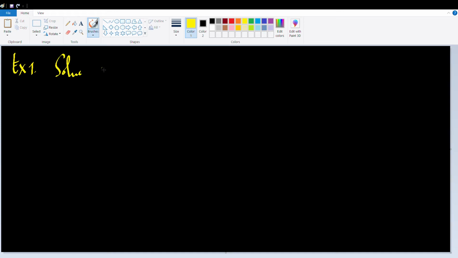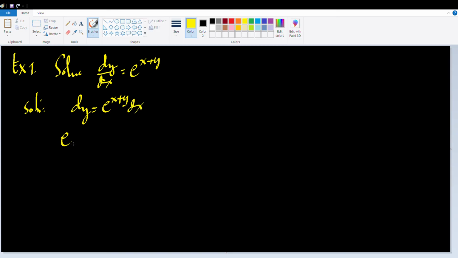We solve dy/dx equal to e raised to x plus y. So how do we do this? Let us cross multiply. Hence we have dy equal to e to the x plus y dx, or e raised to x plus y dx minus dy equal to 0.